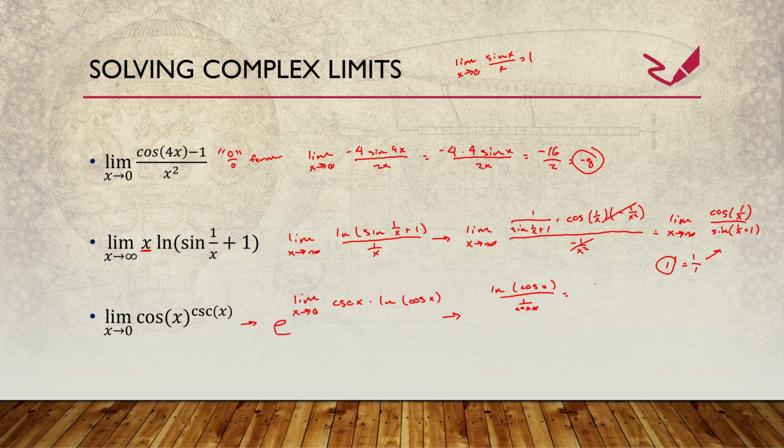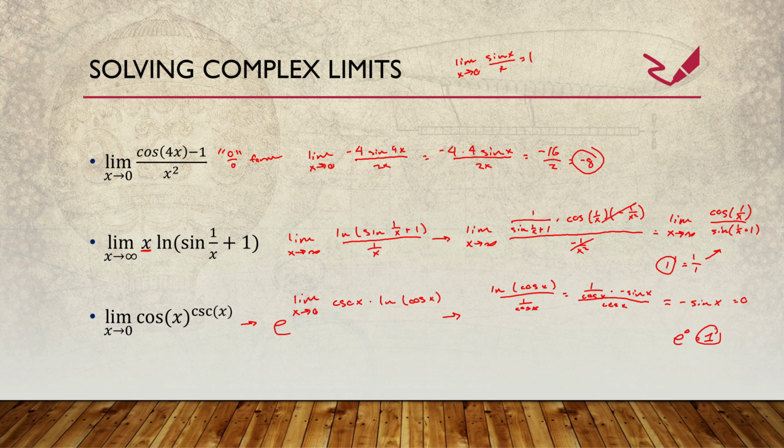So the derivative of natural log would be 1 over cosine of x multiplied by negative sine of x, all over the derivative of the denominator, and you could see that the cosines would cancel. So then what you'll be left with is negative sine of x, which equals 0 as it approaches 0. So our final function would be e in power of 0, which is just 1.